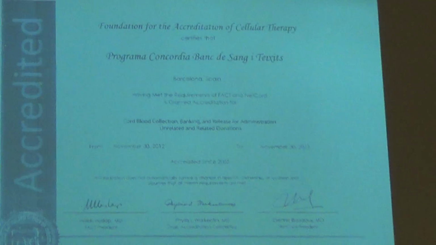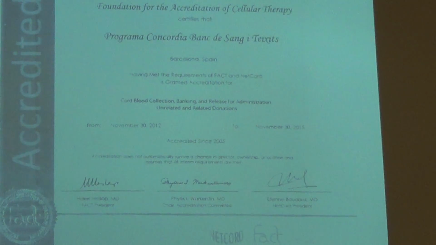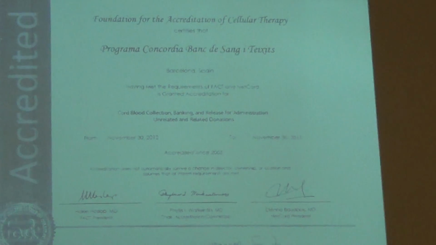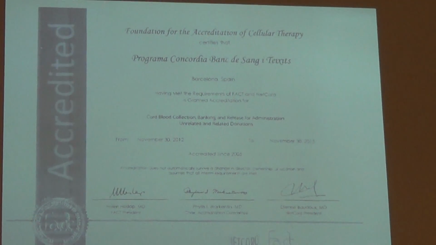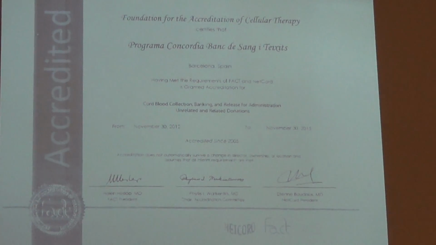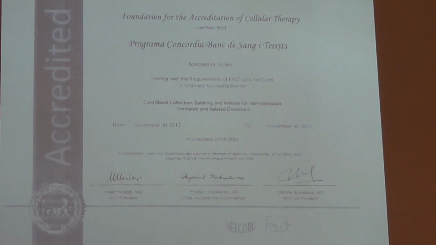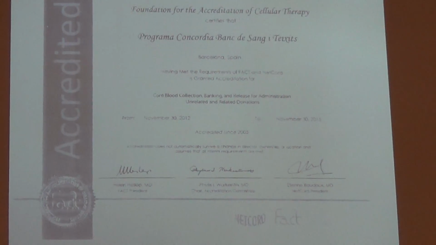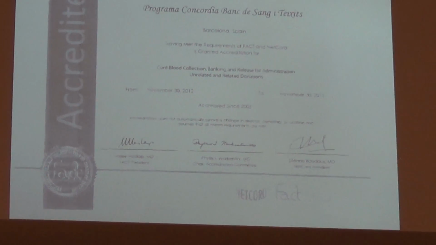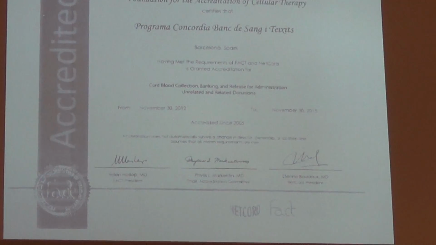In 5 minutes I will go a little bit fast, just in order that you see a technical operation of a cord bank. I can take the model of Barcelona just in order that you identify the critical parts of a cord bank process. The first thing to say is that there are international standards discussed by professionals from different sectors, and these are the FACT network standards.